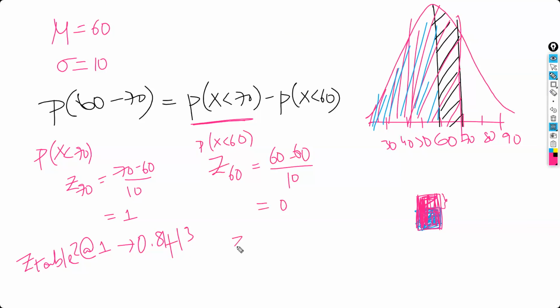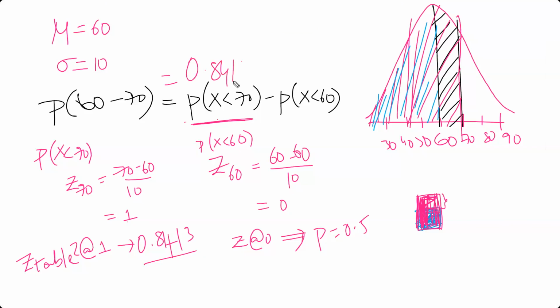Now at z of 0 from the z table, what is the p value? 0.5. Now from these two, what is the final value of p less than 70? 0.8413 minus 0.5, which is 0.3413.